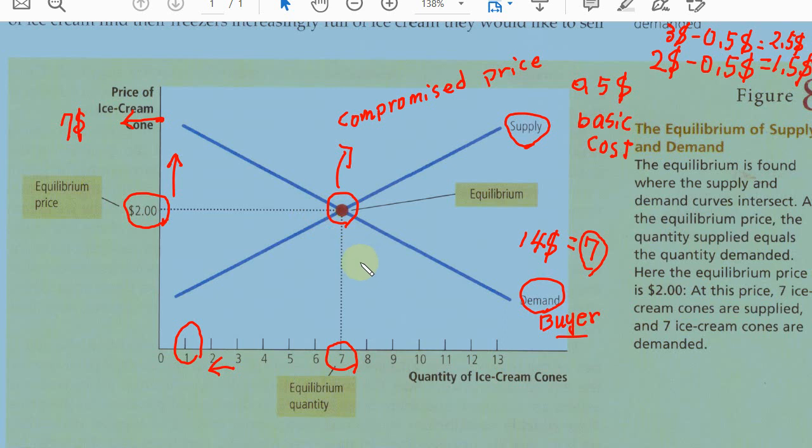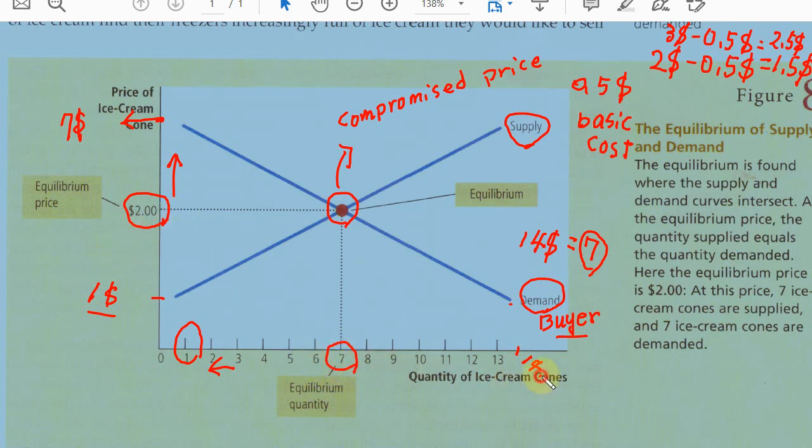On the contrary, if the price goes down, look at this. Here, or maybe at this point, maybe 14. If the price goes down to $1, then he has $14 and can buy double of 7.